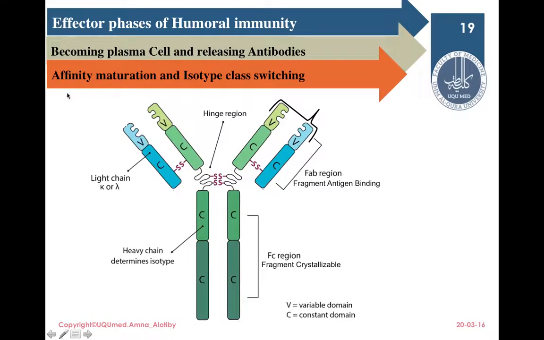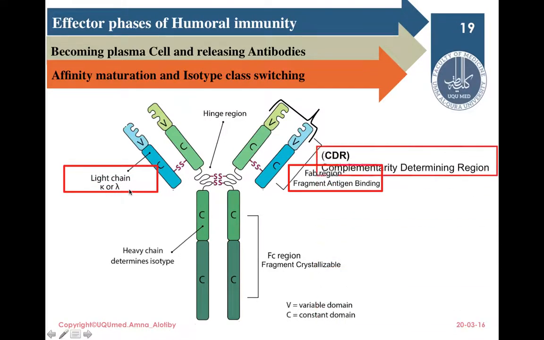In affinity maturation, we saw that the binding strength of the antibodies is matured. It becomes better and better with repeated exposure to the antigen, and there is something else that takes place as well, called isotype class switching. Antibodies have the fragment of antigen binding, the Fab region. It has the light chains, kappa or lambda.